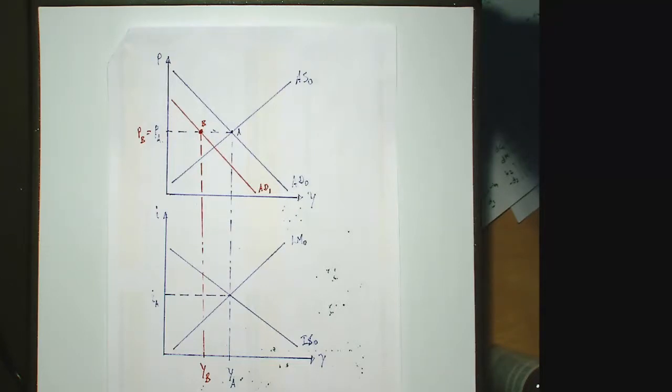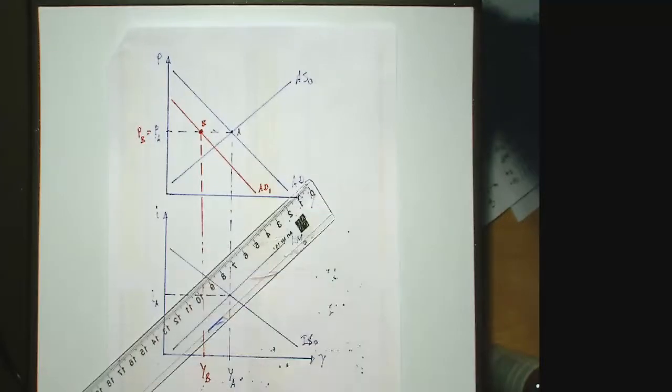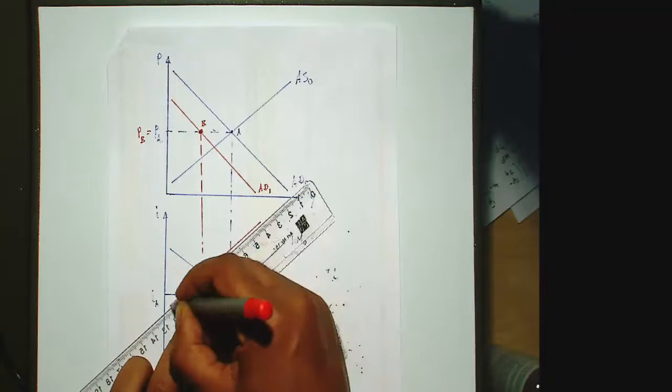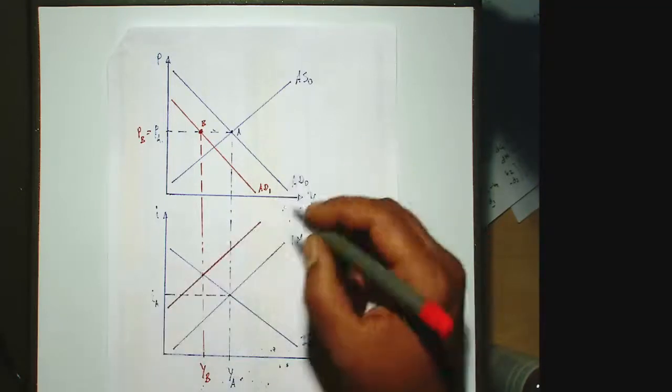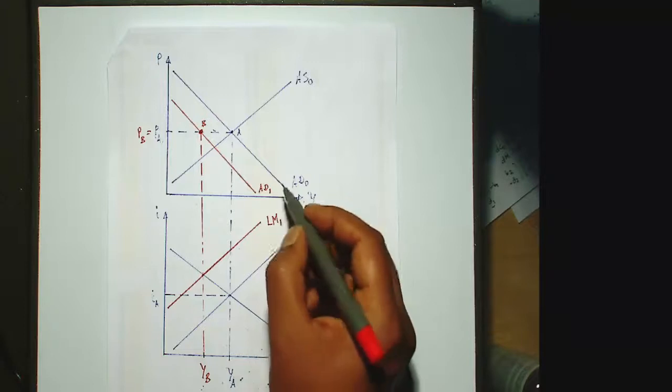We have said that households would tend to sell their bonds in the bond market, and if there is an excess supply of bonds in the bond market, the price would fall. If the price falls, there is an inverse relationship with the interest rate. That is to say, the interest rate would rise. So the contractionary monetary policy by the central bank is also captured in the IS-LM model, where our LM is shifting inwards.